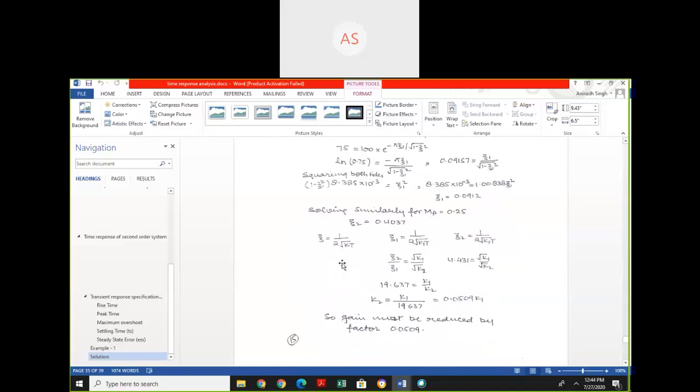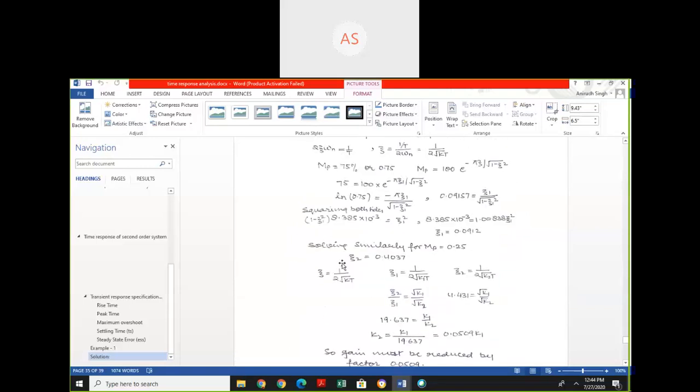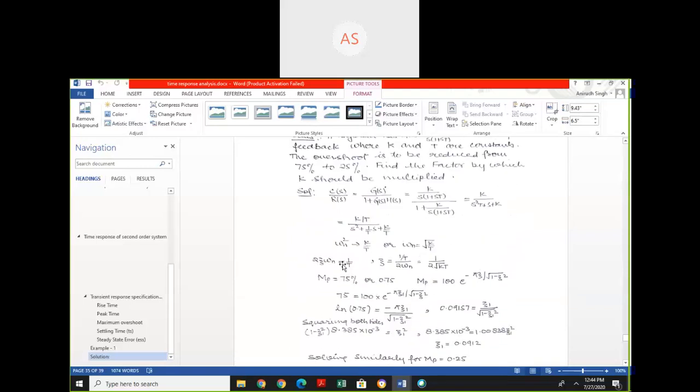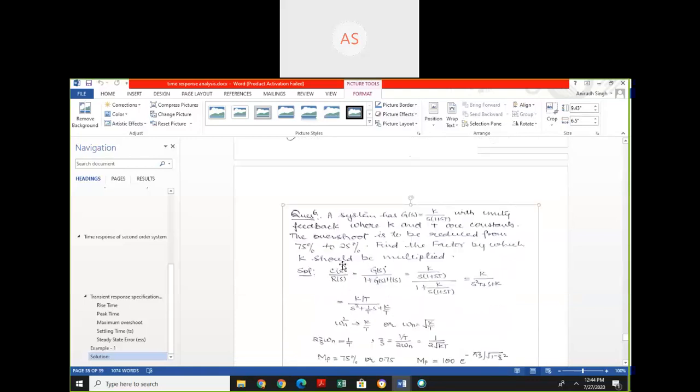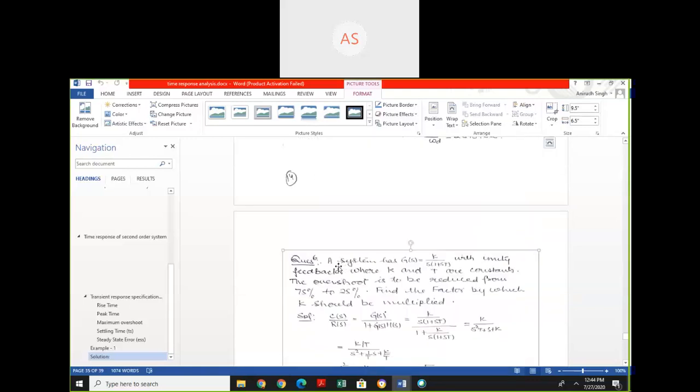Next and last question. A system has G(s) equal to K by s(1 plus sT) with unity feedback where K and T are constants.